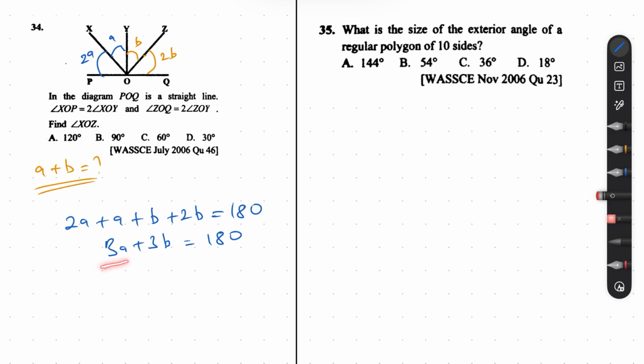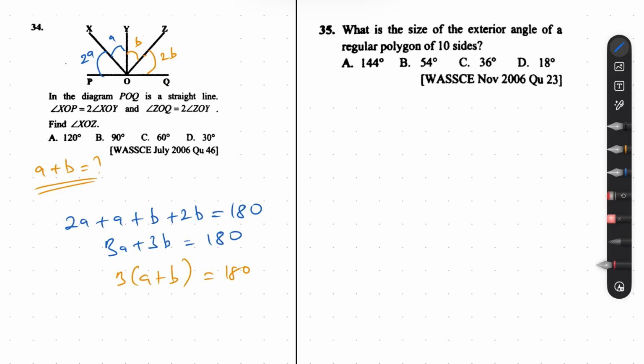Now we see 3 is common here. What we're looking for is A plus B, so we can factor 3 out: 3 times (A plus B) is equal to 180. As you can see, we are almost close to our answer. We have A plus B here. We just need to get rid of this 3. How do we do that?